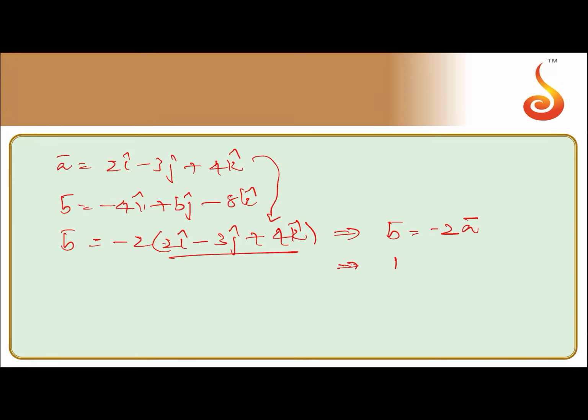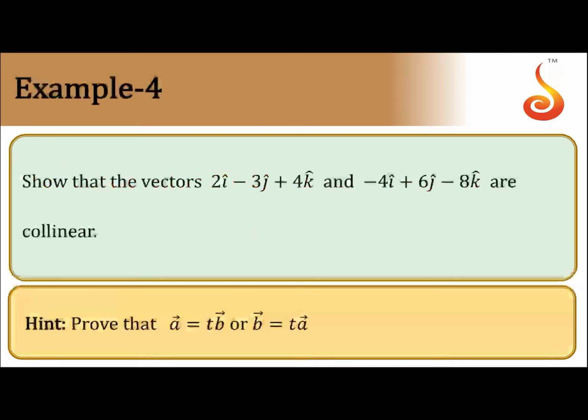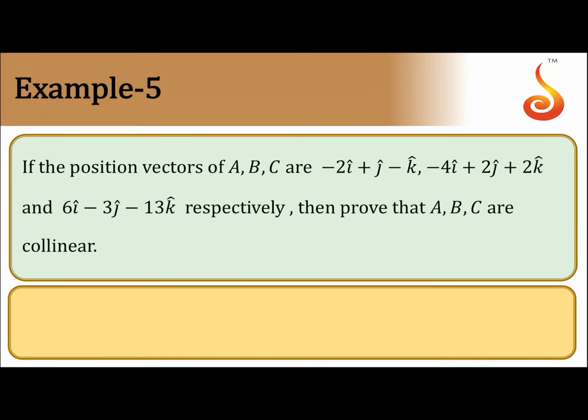That means one vector is written as a scalar multiple of the other, which implies a bar, b bar are collinear vectors. Hope it's clear.